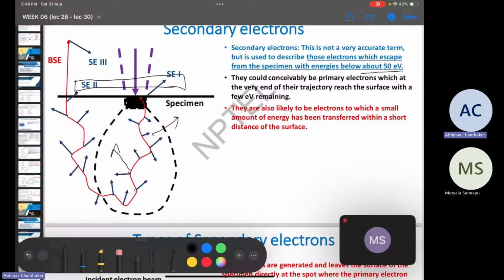When the BSE electrons are coming out towards the surface, near the surface there can be some generation of secondary electrons due to knocking out of electrons, and that can also cause secondary electron emissions a bit away from the position of the primary electron probe, and these are called SE2. The ones coming from the primary electron are called SE1, and then we also have SE3 and SE4 which I will discuss later.